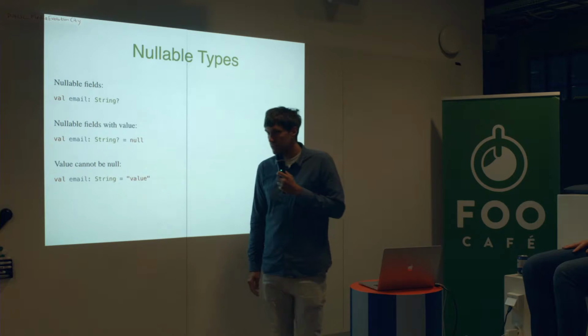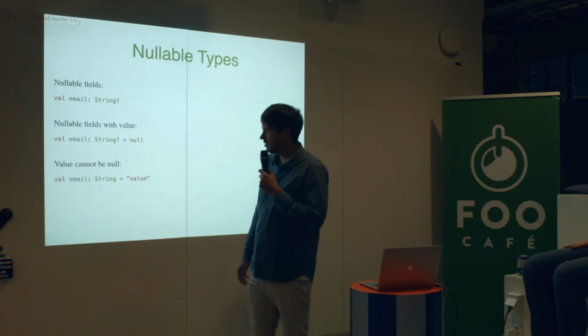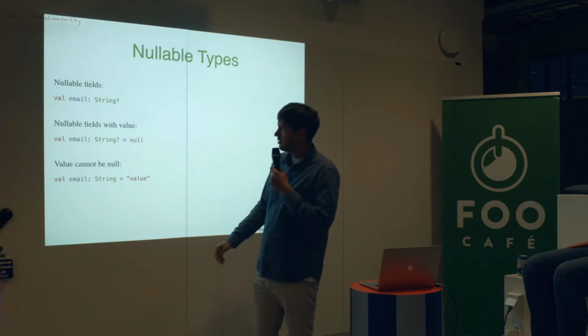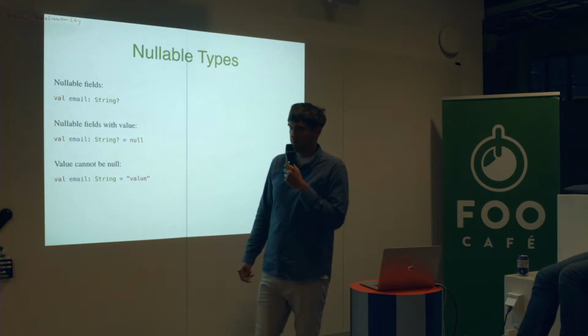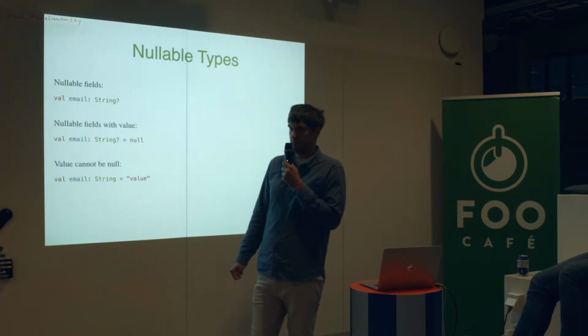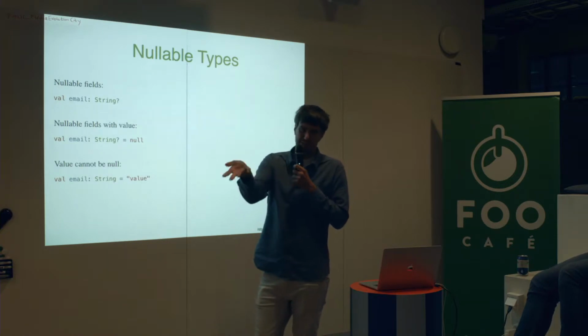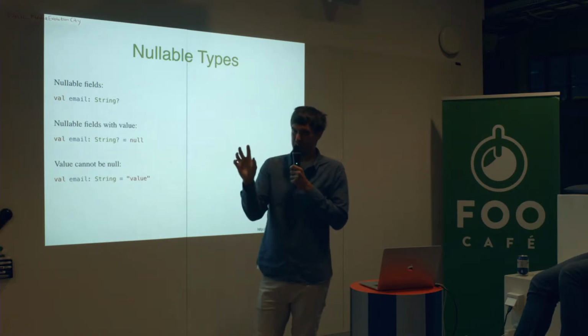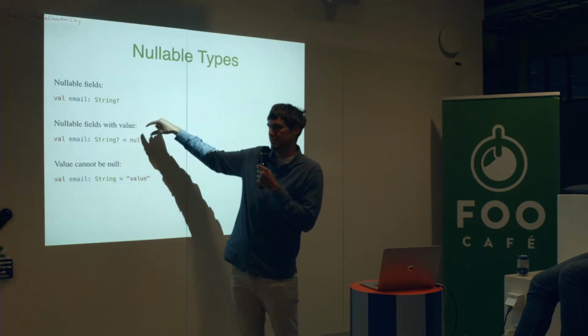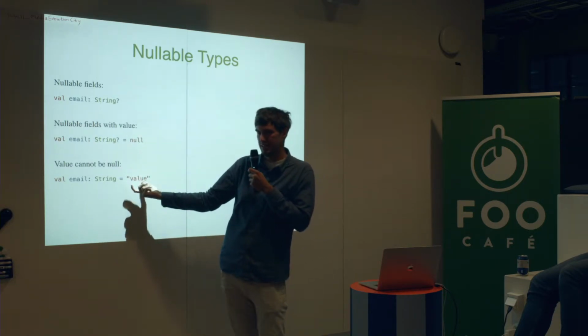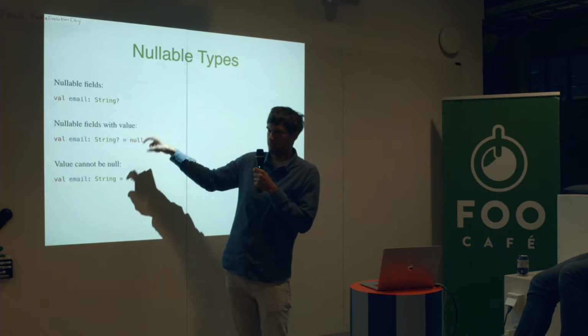Sorry? Yeah. No, there aren't. Okay, good. So first of all, there are no primitive types. That's true. But if you use, there is something called Int. So yeah, you can have the nullable type Int.